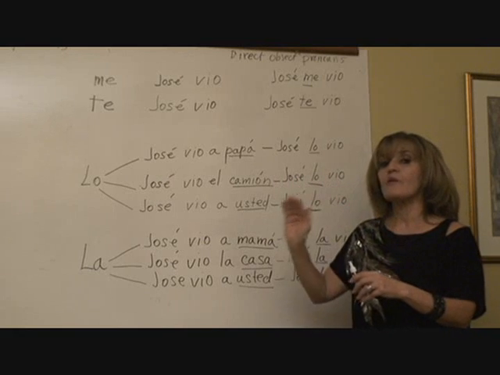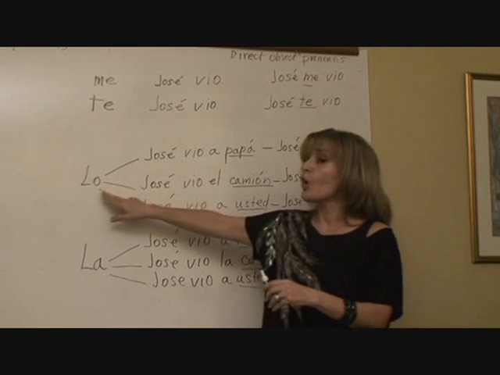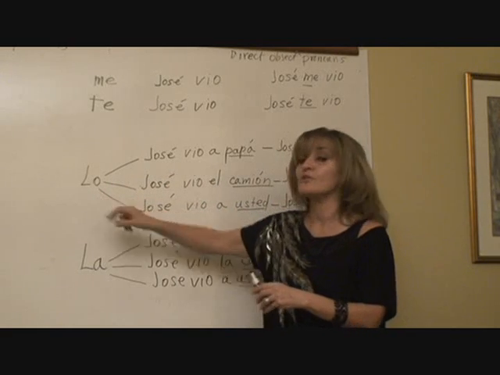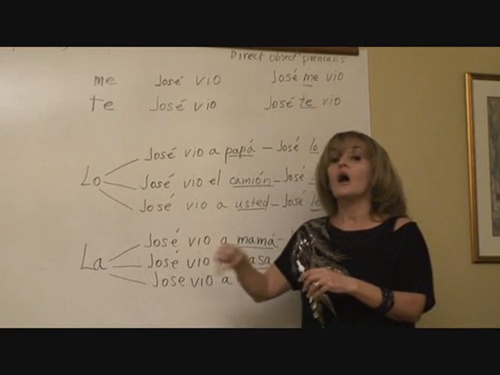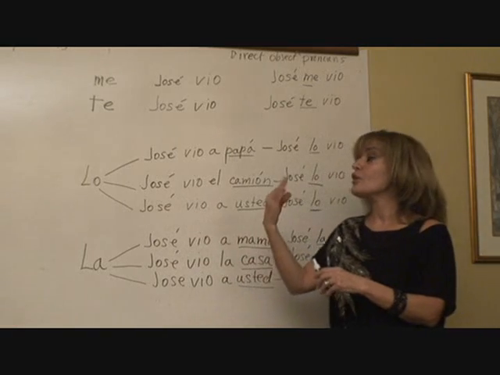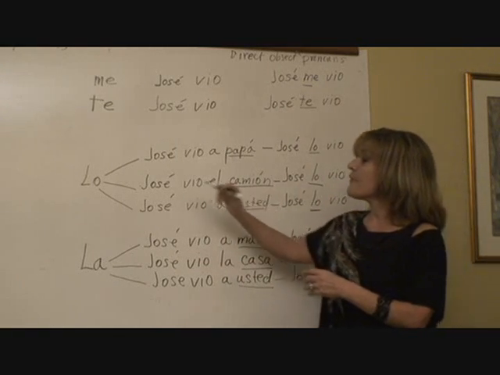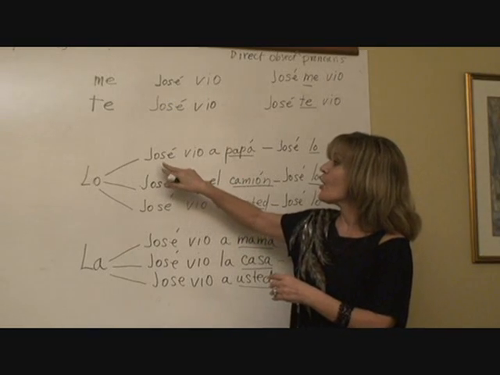So we do the same thing with the object pronoun. Lo, therefore, is the object pronoun when you're going to say him, her, and usted, the formal you. The examples that I have here are examples.